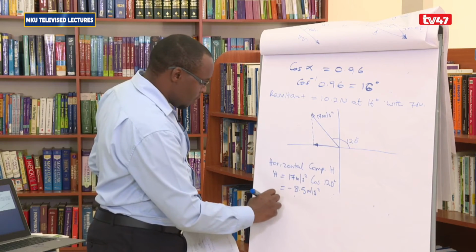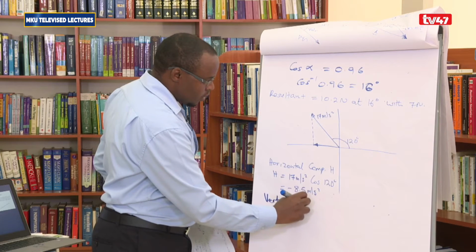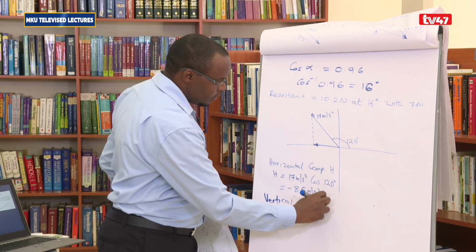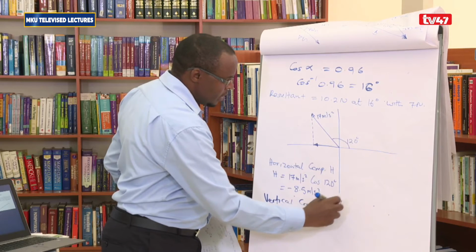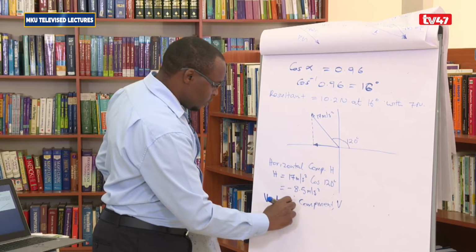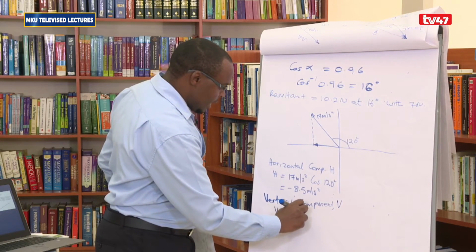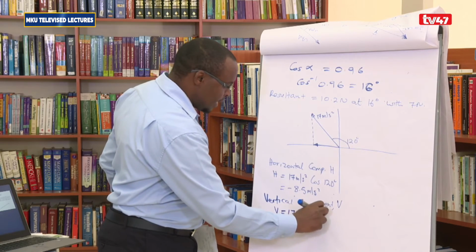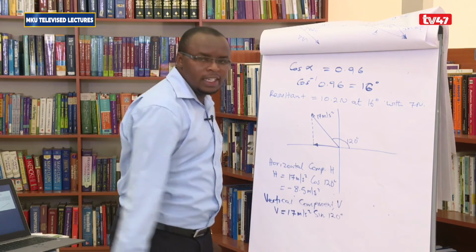And then the vertical component, abbreviated V, is given by V equals 17 meters per second squared times sine of 120 degrees.